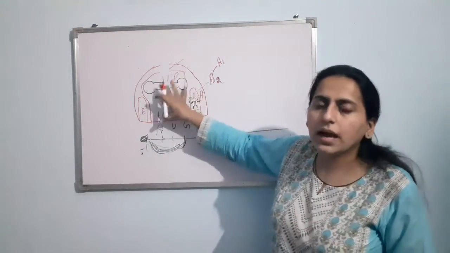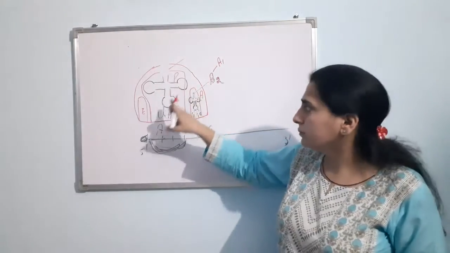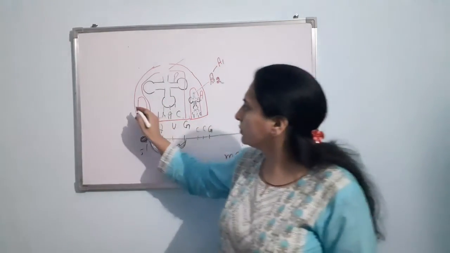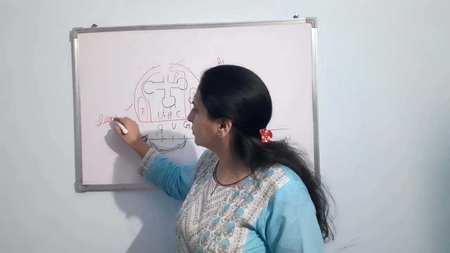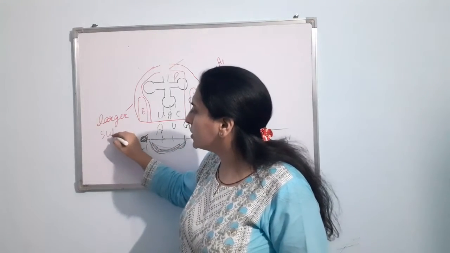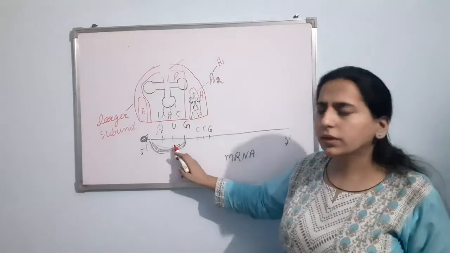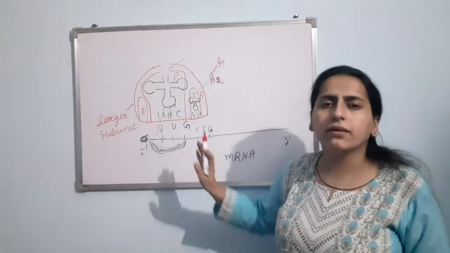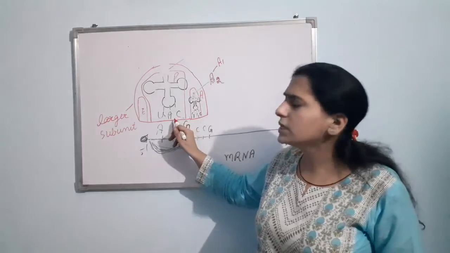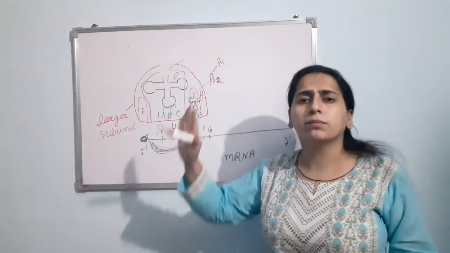Now, what will happen in the next step of the elongation? This is the larger subunit of the ribosome, this is the smaller subunit, and this is the mRNA having the code. Now this larger subunit will jump.